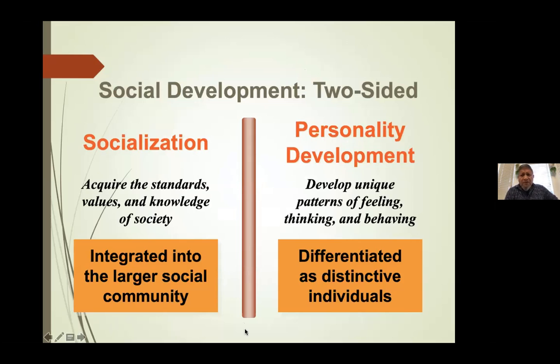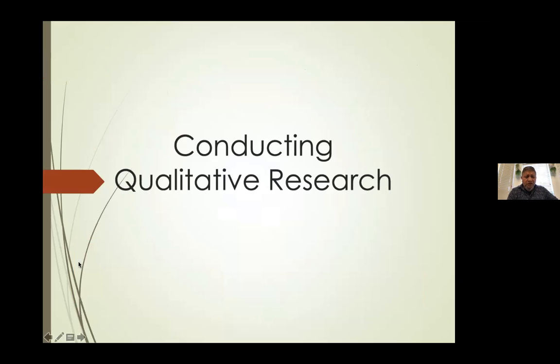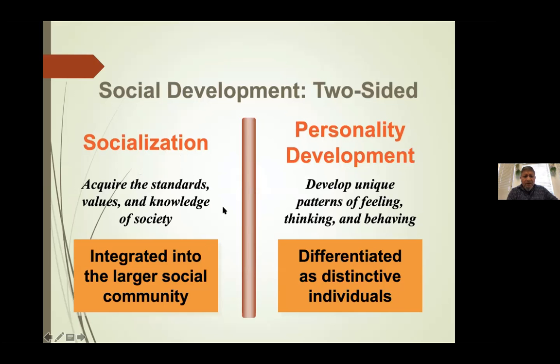Another example of how people are thinking about the logic of research and the way research can be done is shown in here, which is social development, right? Some researchers see it as two-sided. One is socialization and one is personality, meaning that social development is not only the personal development of each individual, right?